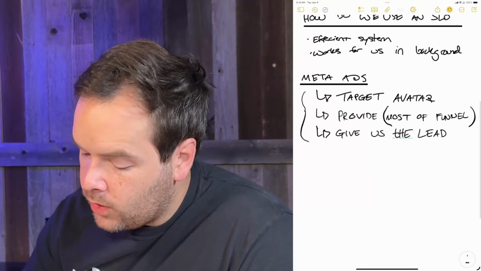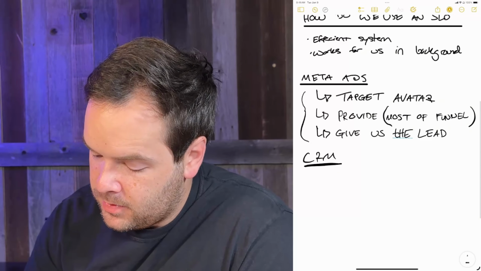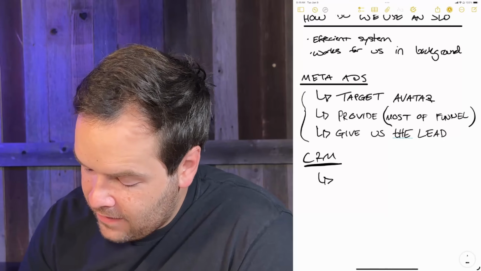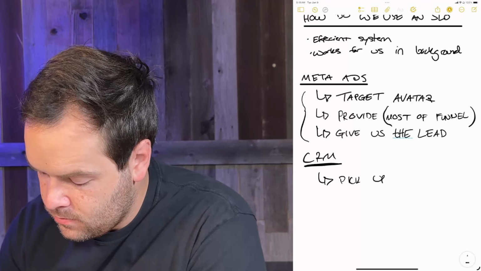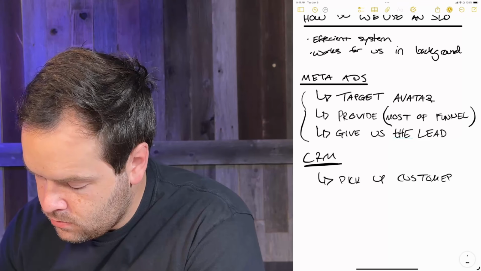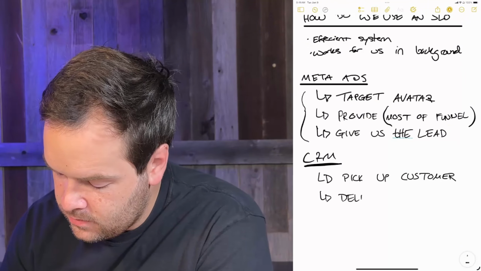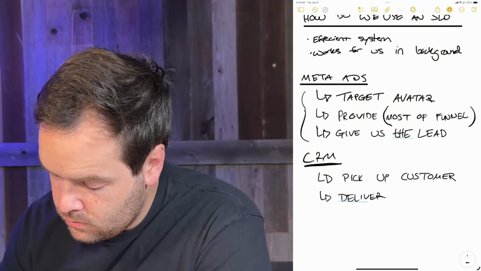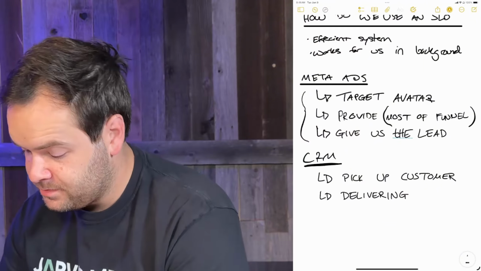And then what we are going to need is some sort of a CRM tool. I have my recommendations, which I'm going to give you. And this is going to be to basically pick up the customer journey. That is what's going to actually end up delivering.